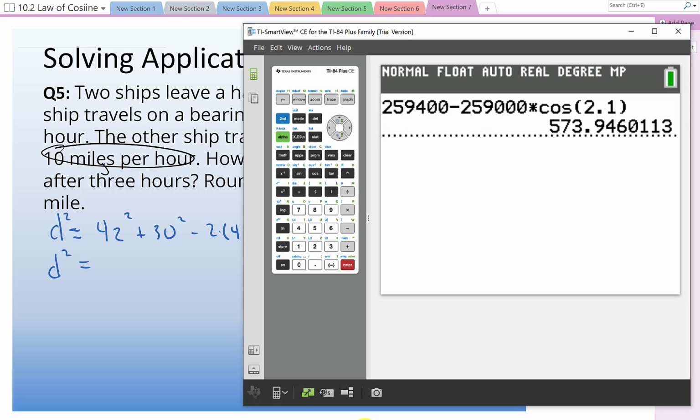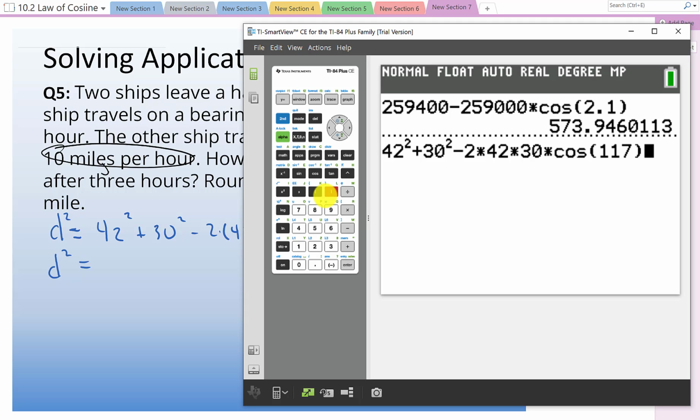I'm going to type the whole thing. On the last one we did all the steps. On this one, let's try a shorter way, letting the calculator do everything.